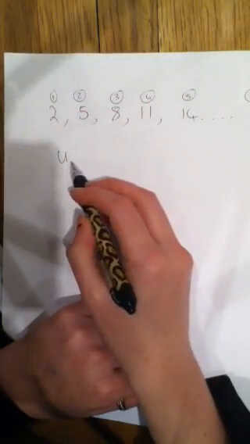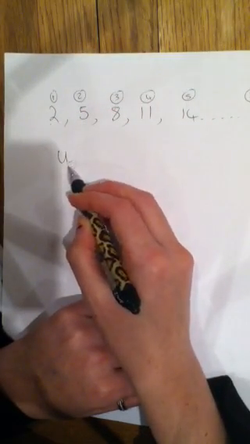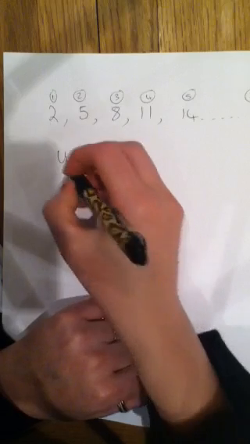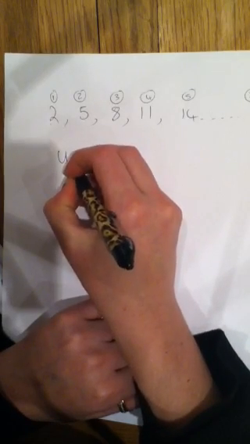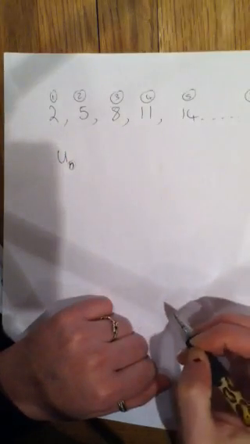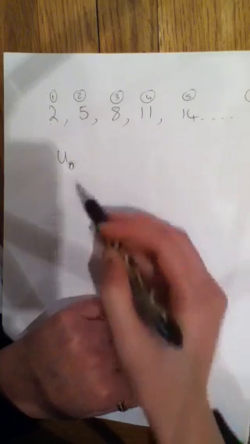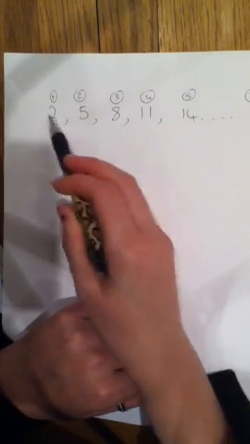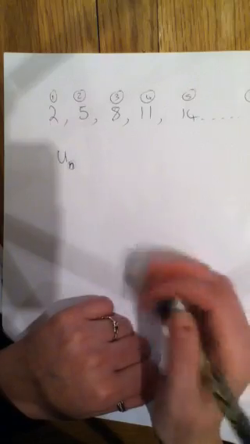So the little number down the bottom just tells you where you are in the sequence. Usually we use an N for that, sometimes we use a K, but usually we use an N. The U tells me I'm in the sequence, and the little number down there tells you how far into the sequence you've actually got.